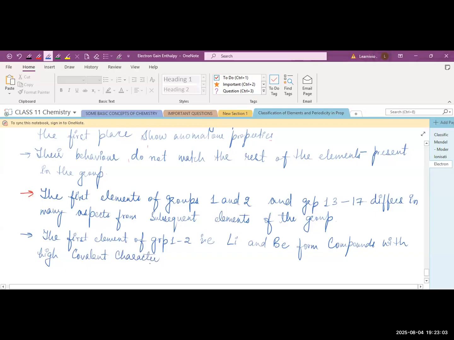Because we know that non-metals form covalent compounds. But here lithium and beryllium are metals. Instead of being metal, they form high covalent character compounds, right? So that shows the anomalous property of the first element. Covalent character, why? Due to their small size.